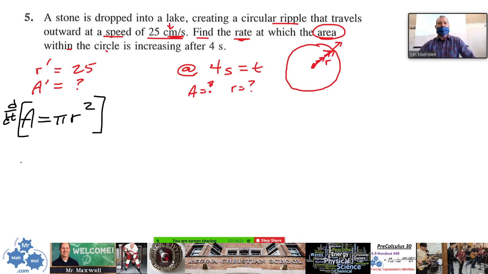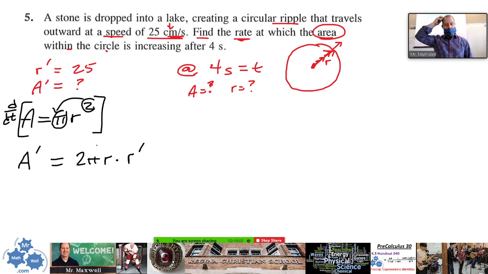So the derivative of A is A prime. The derivative of pi r squared, pi is just a number, so using the power rule, is 2 pi r to the power of 1 times r prime. Again, I'm differentiating with respect to time, so the derivative of r is r prime and the derivative of A is A prime.